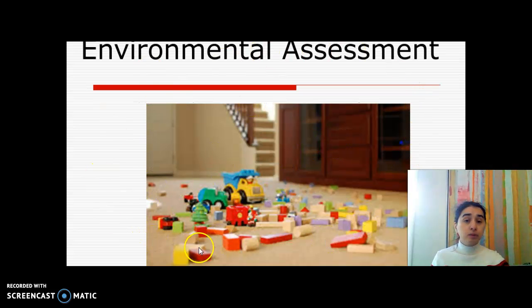Take a look at this picture. Having children is, on one hand, very beneficial for elderly patients, especially psychologically. They provide positive stimuli for elderly patients.